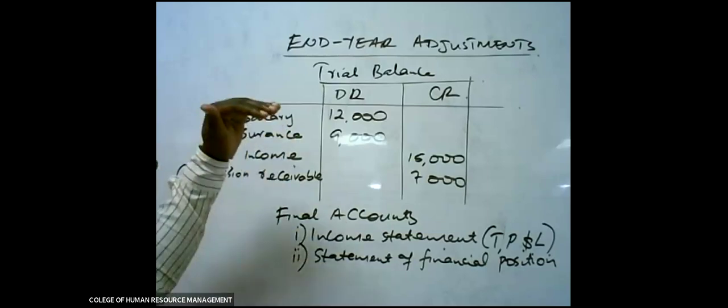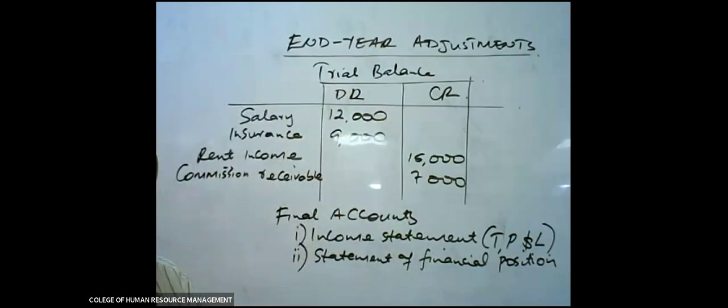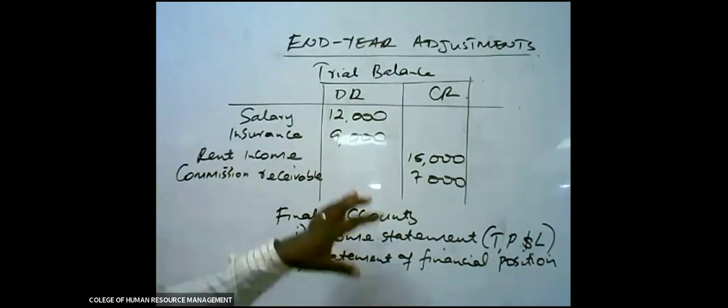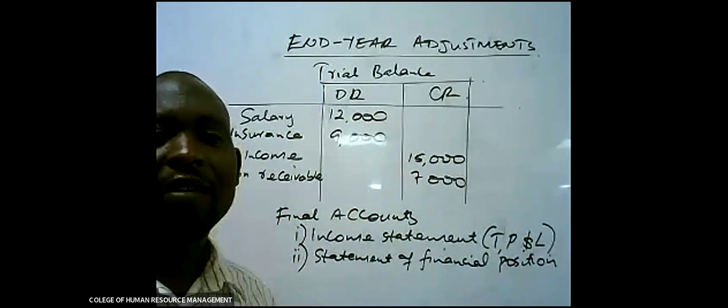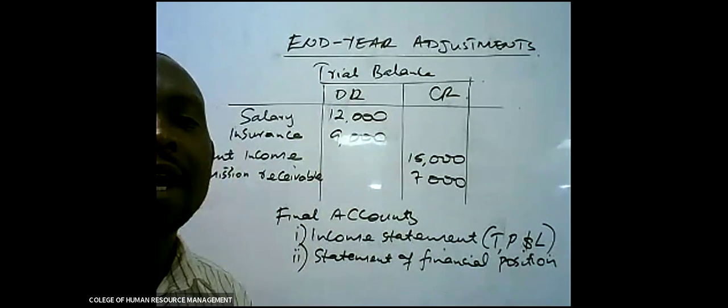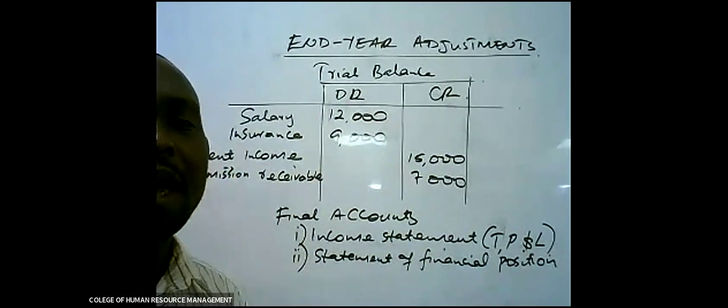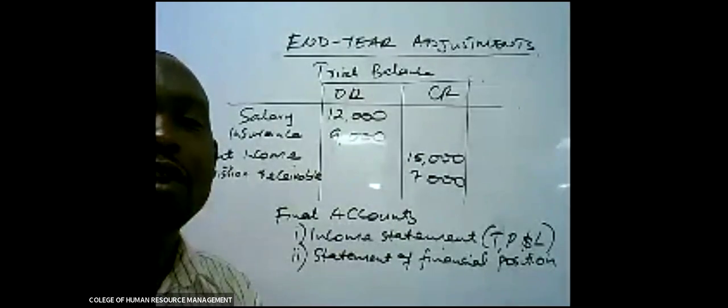Now, when we are talking about the end year adjustments here, we are simply saying that some of the balances reflected on the trial balance might require adjustments to be made on them at the end of the financial year.